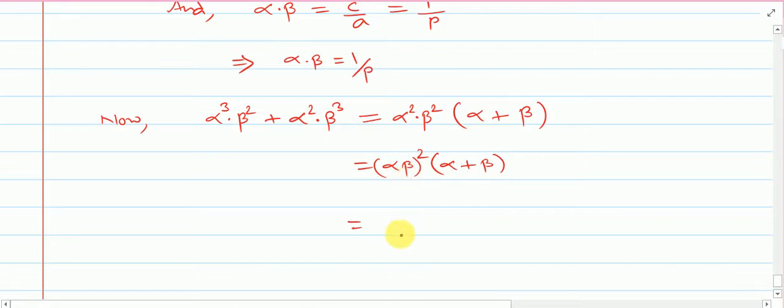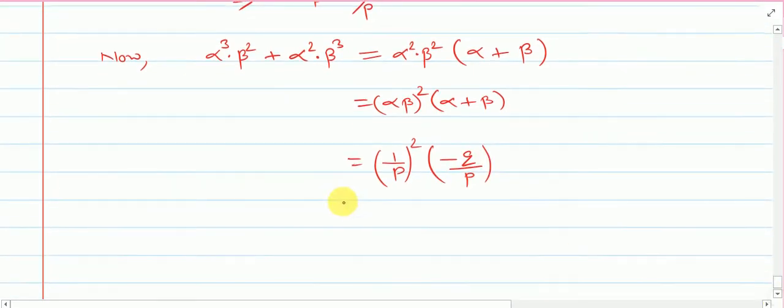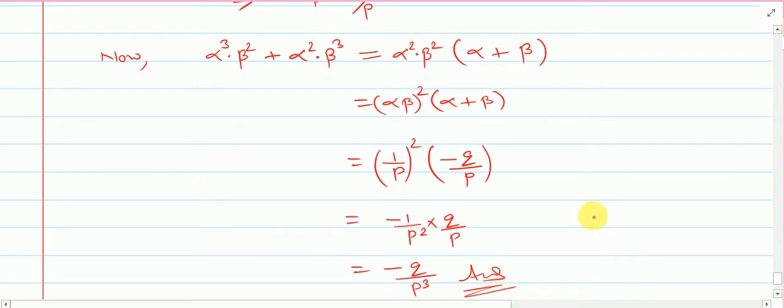Now alpha into beta we have found is 1/p, and alpha plus beta is -q/p. So (1/p)² will be 1/p², and this minus is there, so 1 into -q, minus will come outside. Here you are left with q/p, so you can write -q/p³. Okay, so this is the answer.